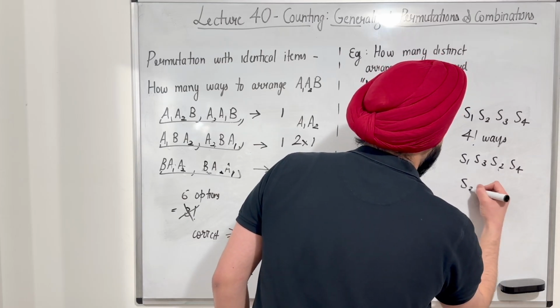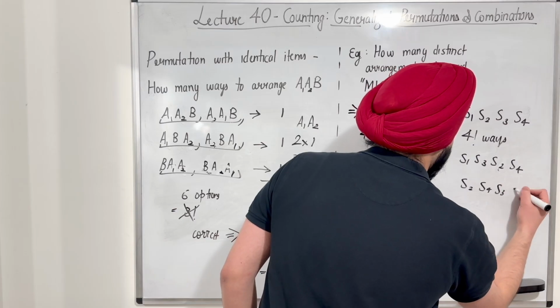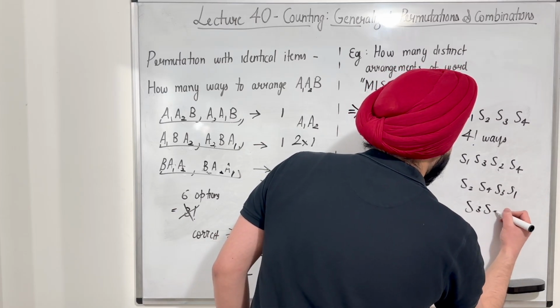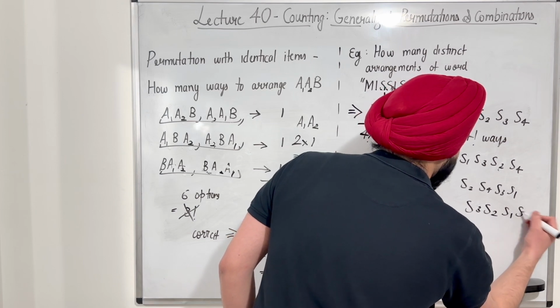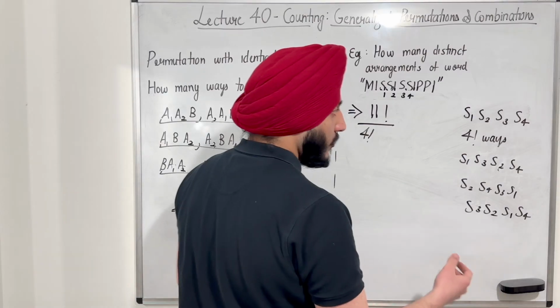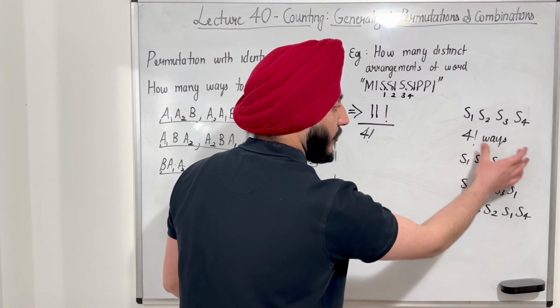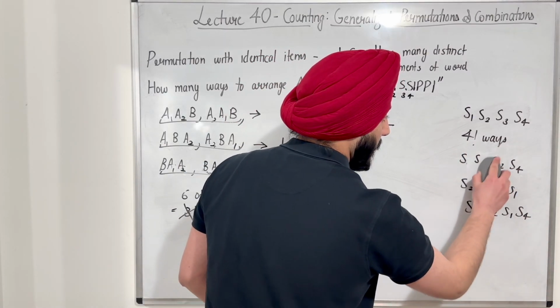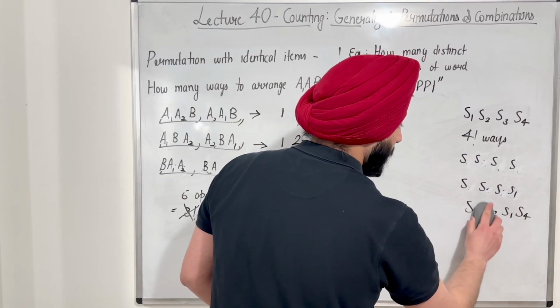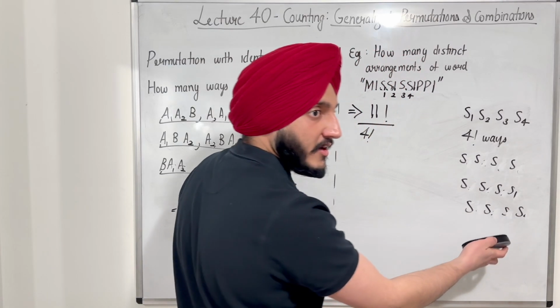You can write S2, S4, S3, S1. You can write S3, S2, S1, S4. Once again, you have 4 factorial ways, 24 ways. But if I just remove these numbers, they are all basically the same thing.